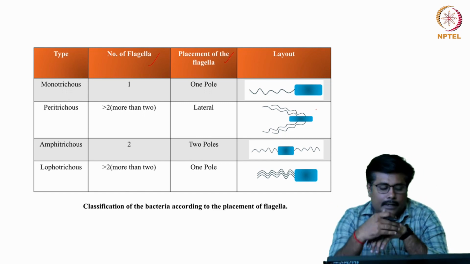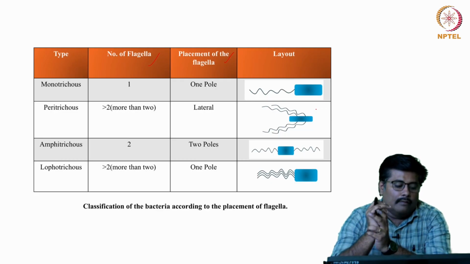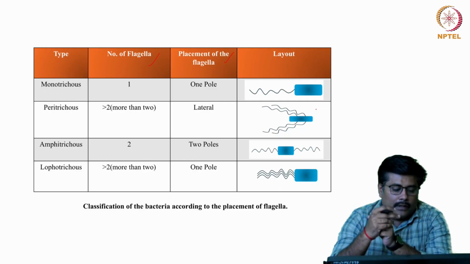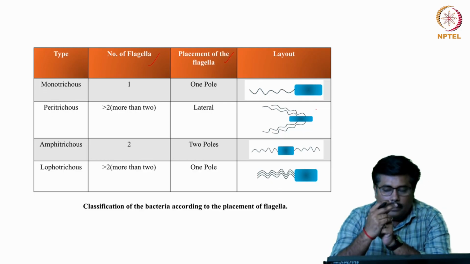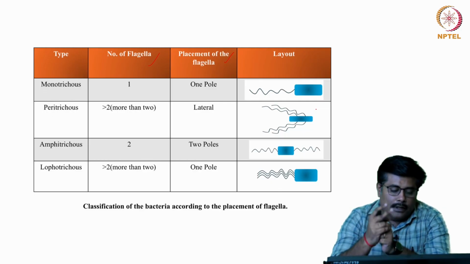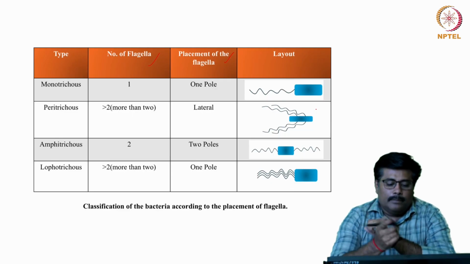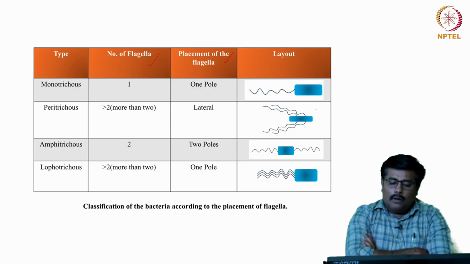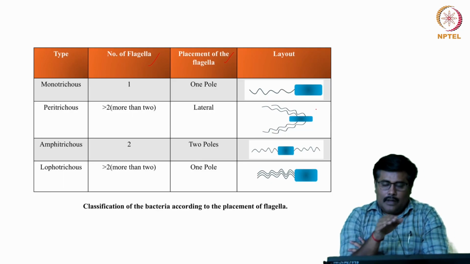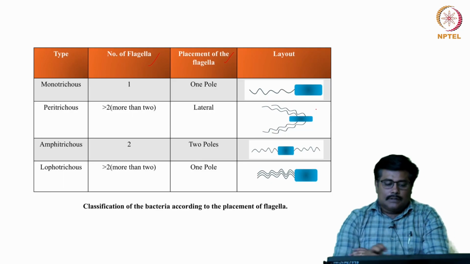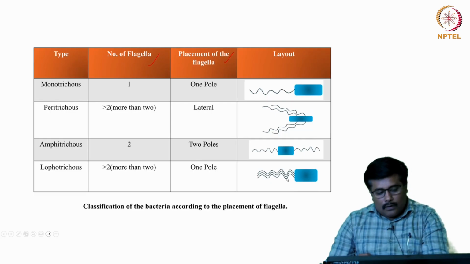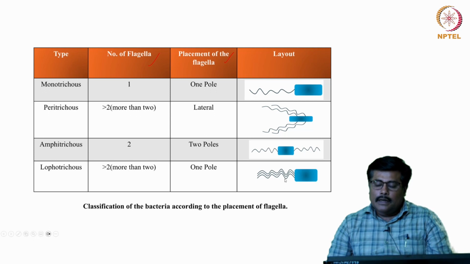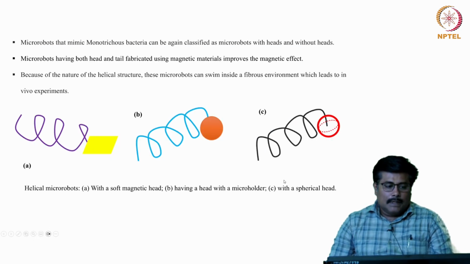Then we have the lophotrichous structure, which has more than two flagella, placed at one pole, and the overall layout looks something like this. These structures are effectively used for locomotion. These are some of the classifications of bacteria according to the placement of the flagella.